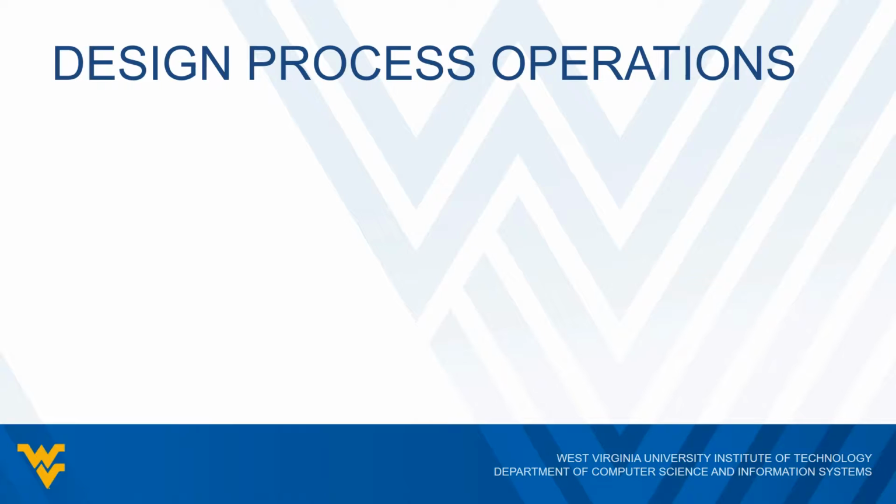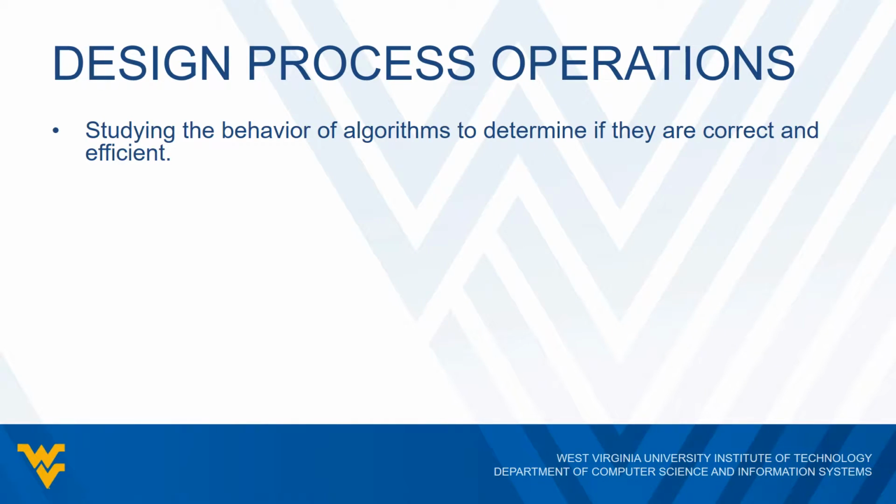When designing algorithms, there are specific operations that are associated with the design process. So we want to go over what some of those operations are. So the first one is that we want to study the behavior of algorithms to determine if they're correct and they are efficient. So we're looking at the formal and mathematical properties of the algorithm.